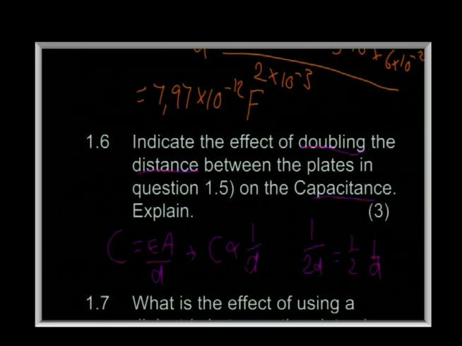If the effect of doubling the distance, 2D there, was to halve the value of 1 over D, then I've actually halved the capacitance. Therefore C is times a half. We doubled the one, we halved the other.